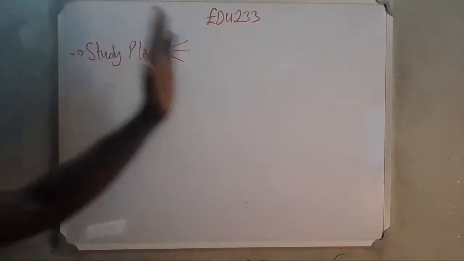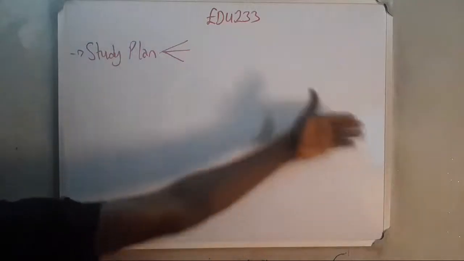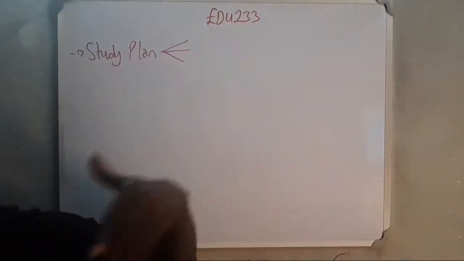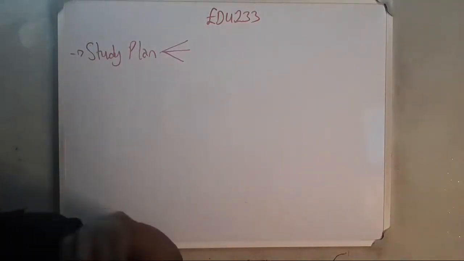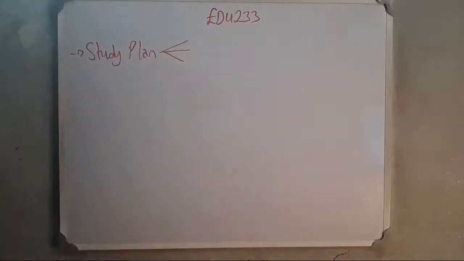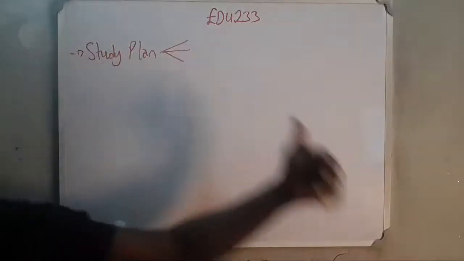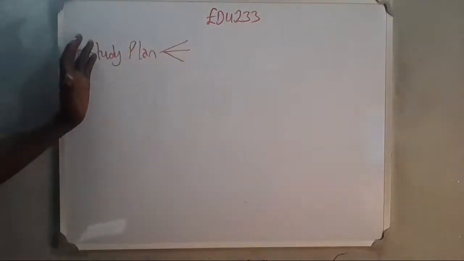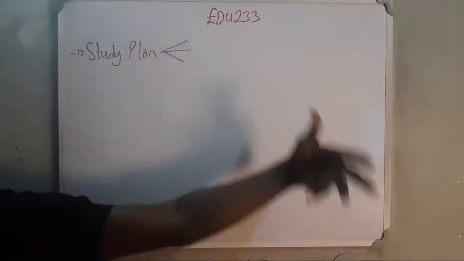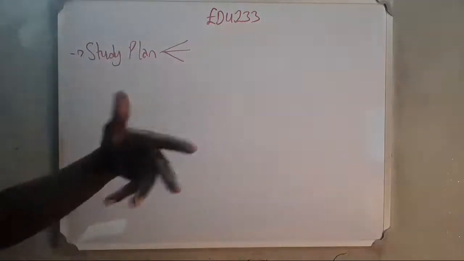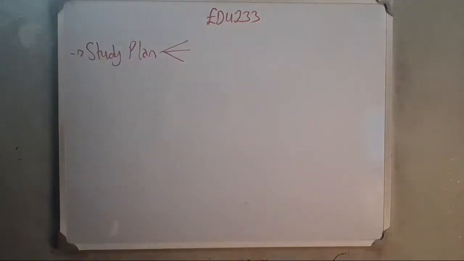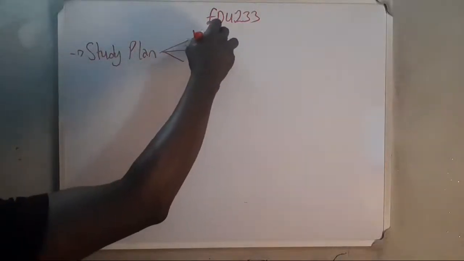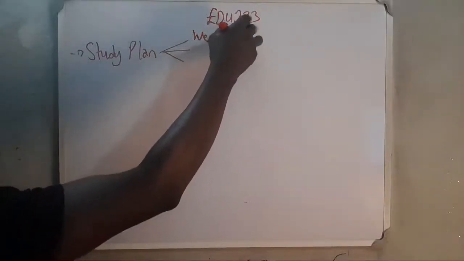Speaking of the lesson plan, it is how a teacher intends to pass on this knowledge: the strategy and the activities that will be involved in transmitting this knowledge or information consistently and continuously. That is the lesson plan. So there are different types of lesson plans. We want to start with the weekly lesson plan.